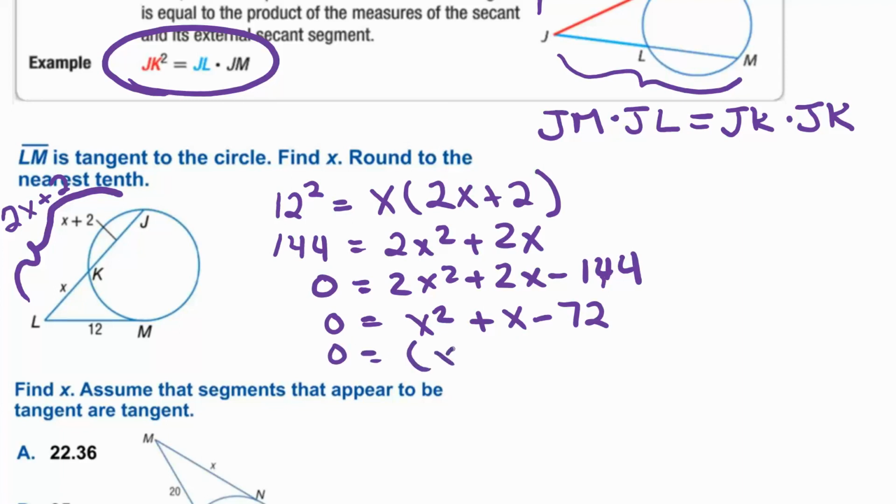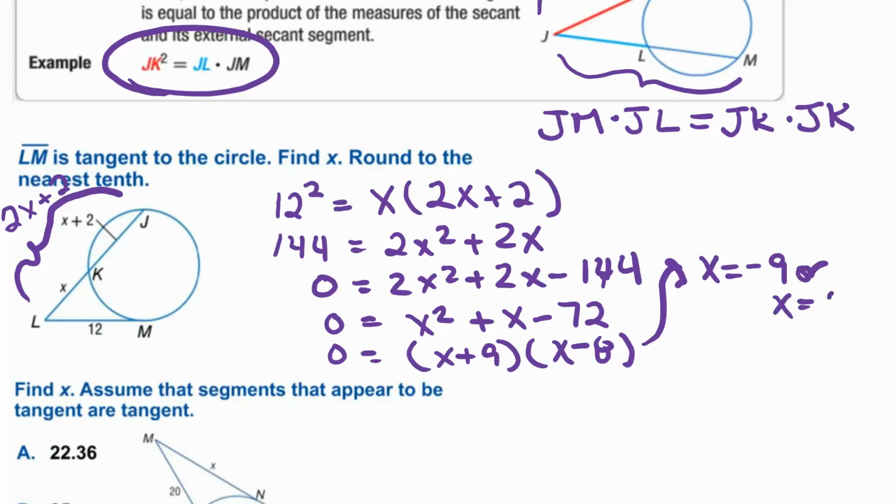So 0 equals x plus 9 times x minus 8. 9 times negative 8 is negative 72. 9 plus negative 8 is 1. So here we have that x equals negative 9 or x equals 8. Can't have a negative length, so our answer would be x equals 8.